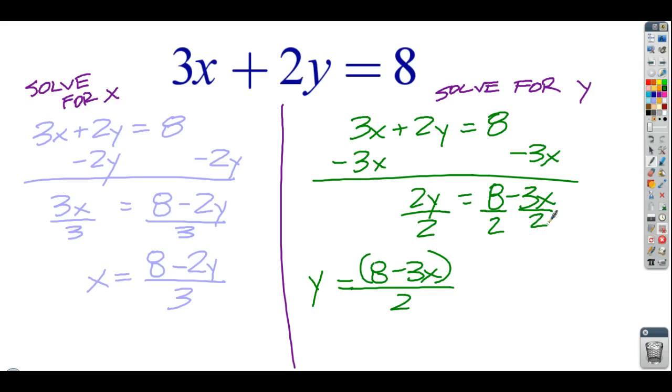So everything by 2. So I could say y is equal to, and then 8 divided by 2 is 4, and then minus 3x over 2. Okay? These are the same things, same ideas. Okay? All right, hopefully it makes more sense.